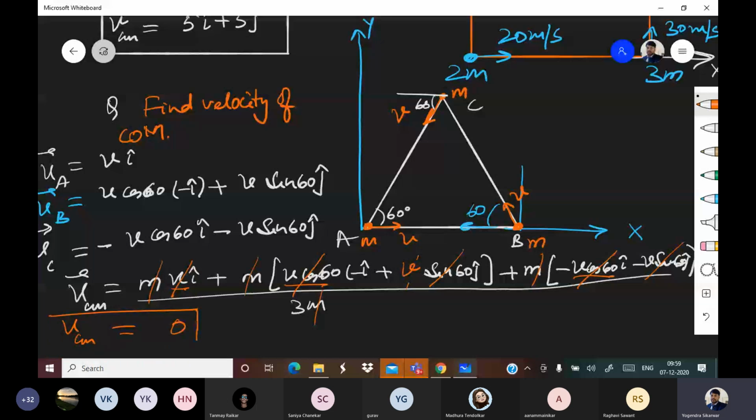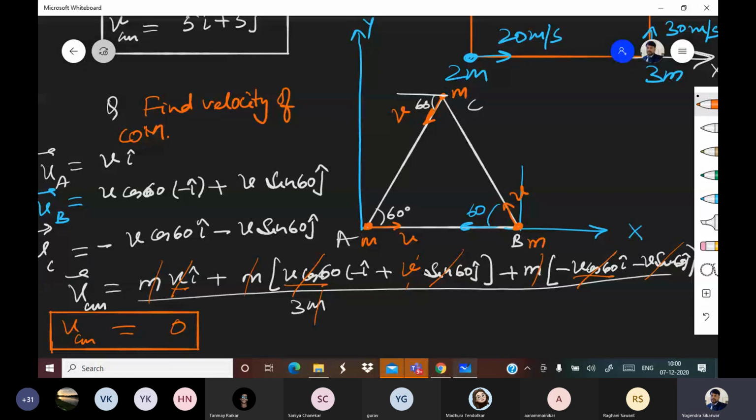Keep that thing in mind. So in this case, when all particles are of equal mass and kept at the corners of an equilateral triangle and moving in the same sequence, then VCM comes out to be 0. So basically the center of mass will remain at rest.